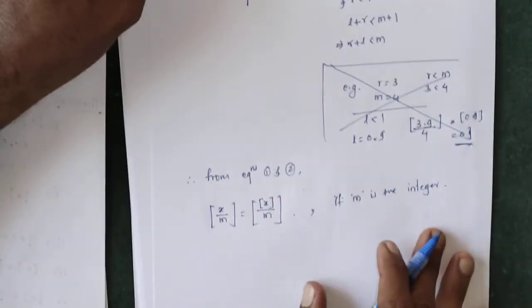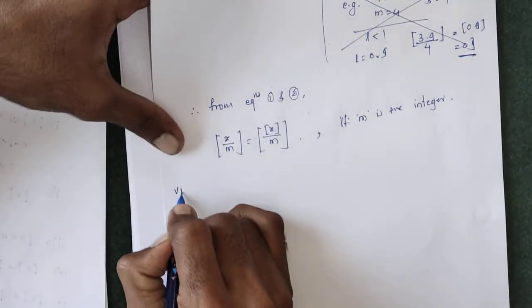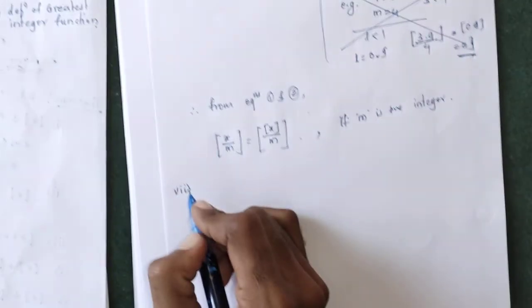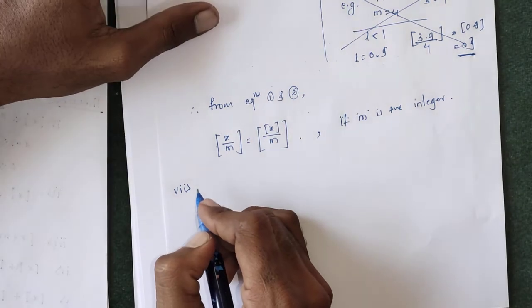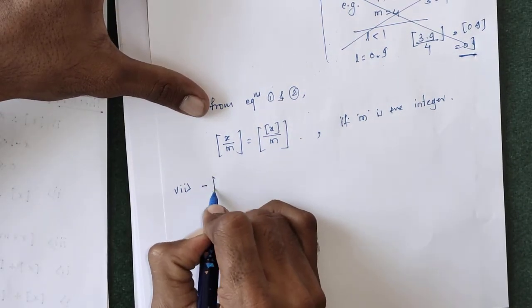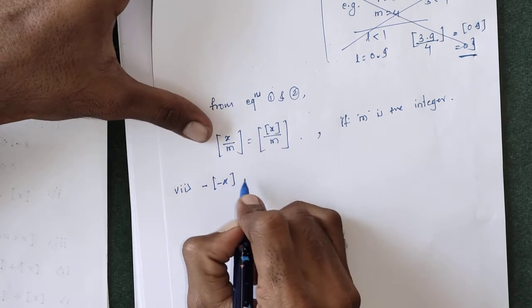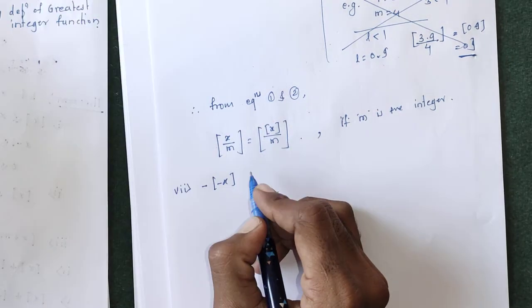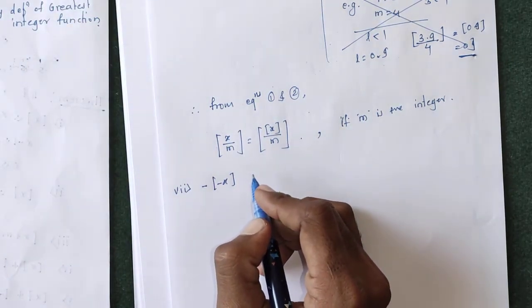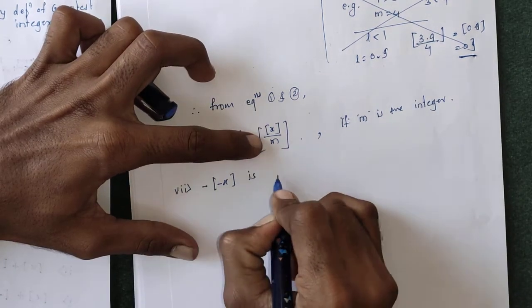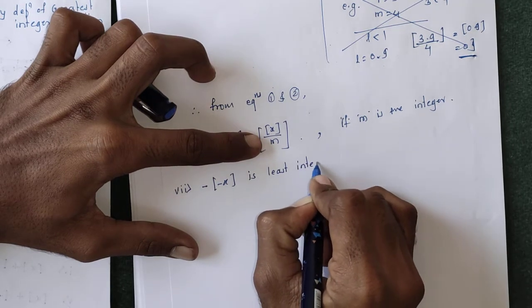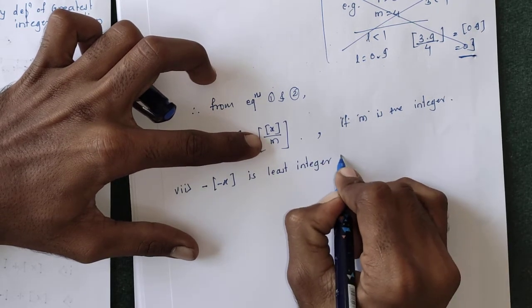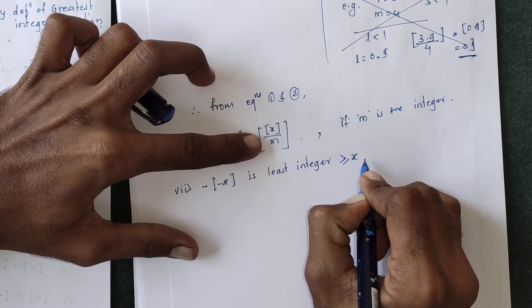So the seventh claim is: minus of the integral part of minus x is the least integer greater than or equal to x.